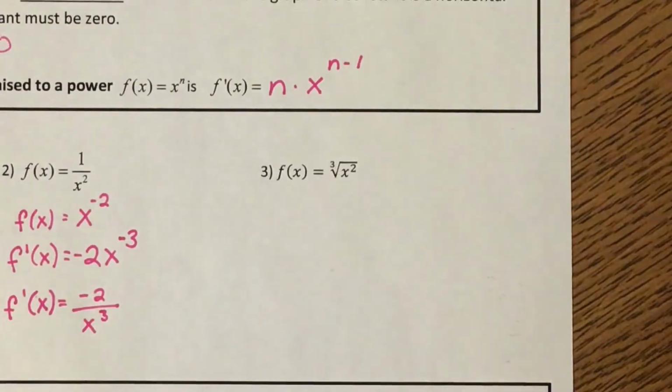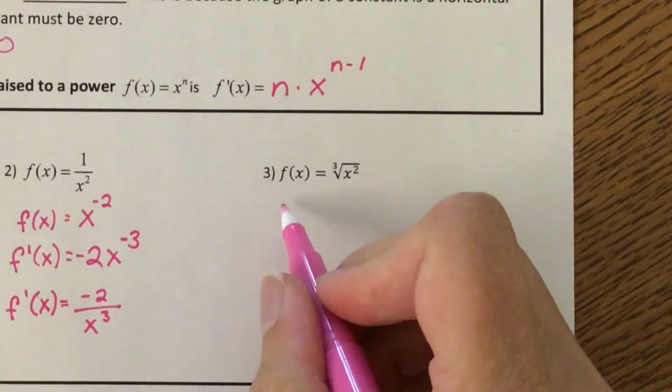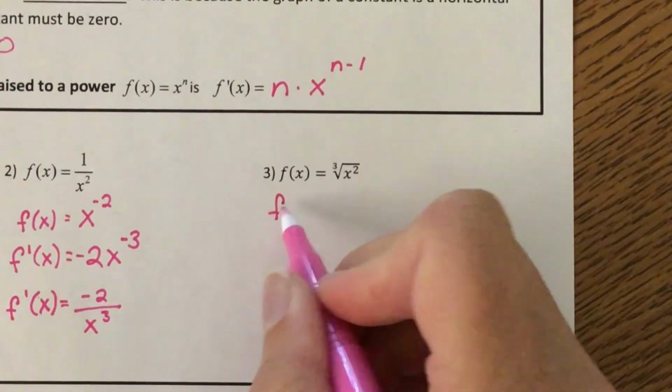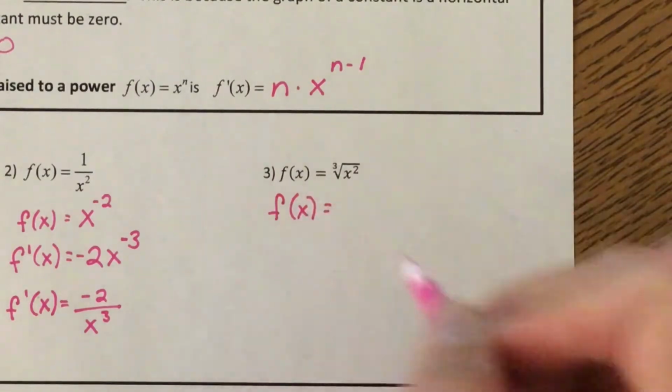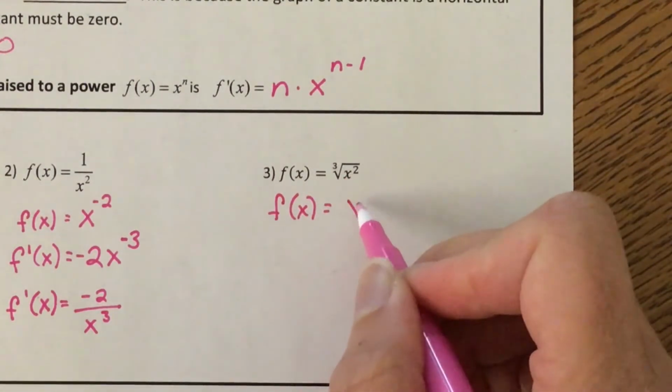Last one on this row, f of x equals the cube root of x squared. We want to write it in exponent form instead of writing it in radical form. That is another Algebra 1 concept, so let's do it. F of x is going to equal, okay, whatever the base is. The base was the x.